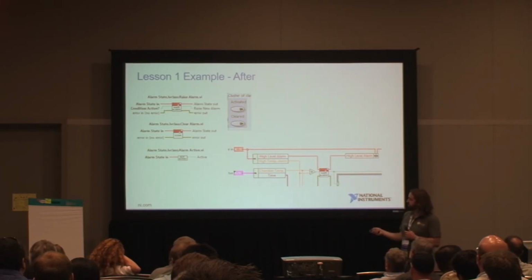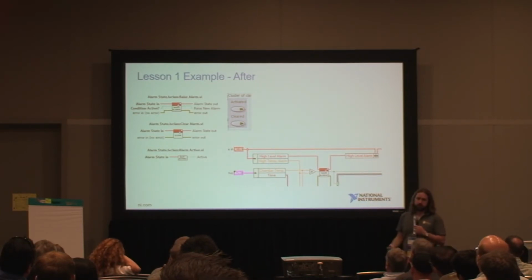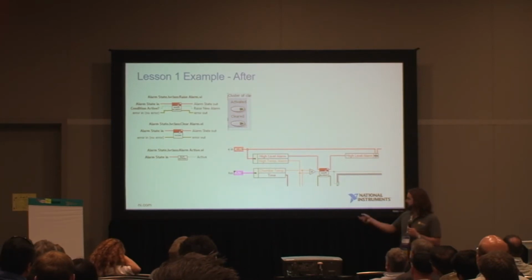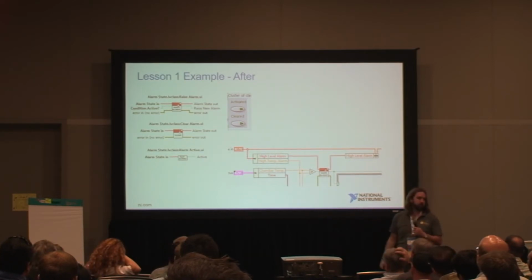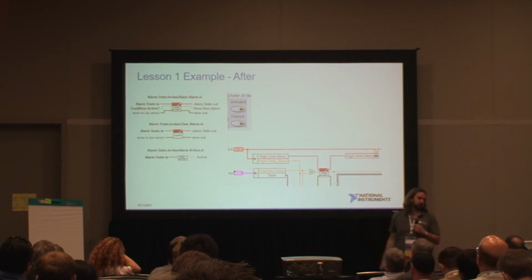In this case, it also let me do a nice little thing, which is this alarm active. Obviously I had to have logic to know whether it's cleared or not, so I just hide that in a small VI. It doesn't even take up the whole thing. It's just a nice little helper that again reads really well in the diagram. You don't have to guess what that function does.